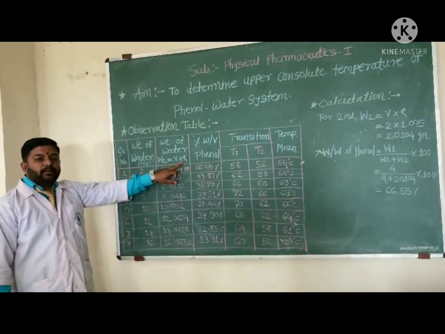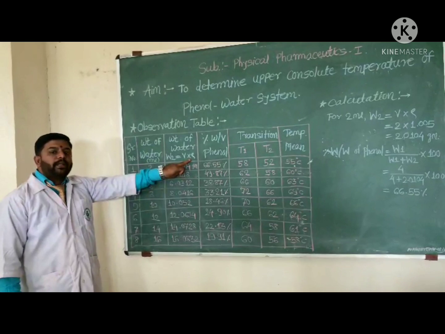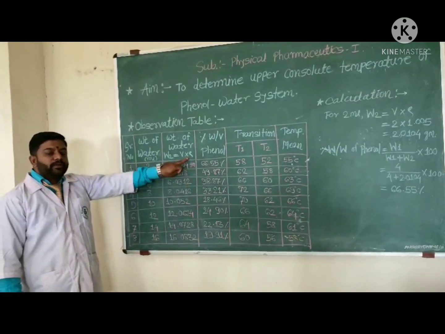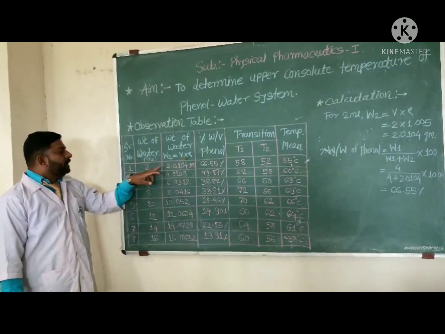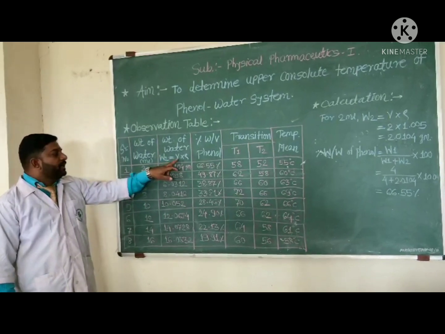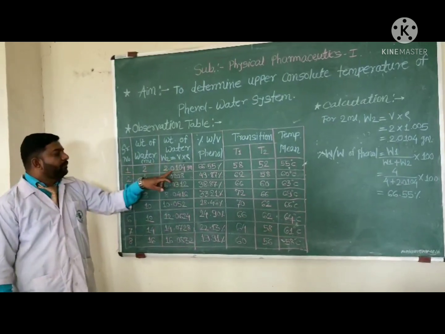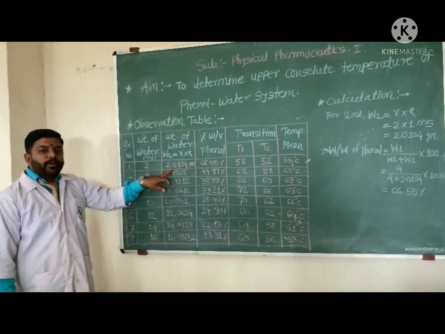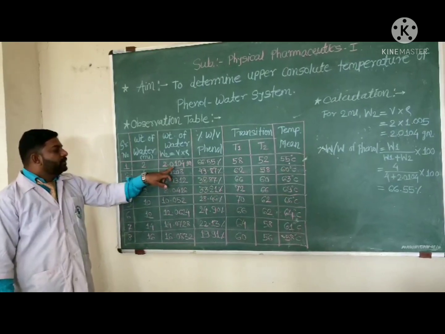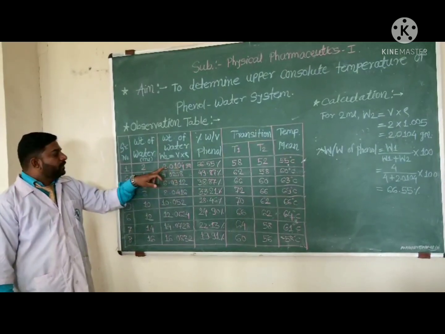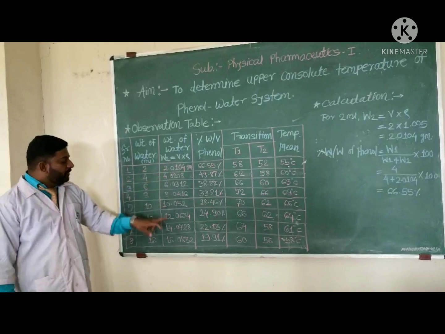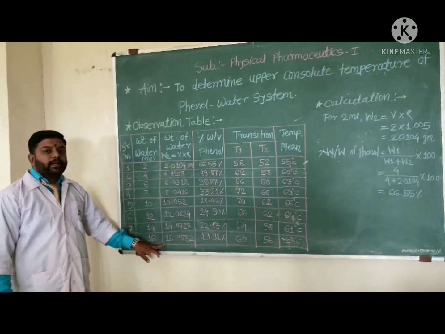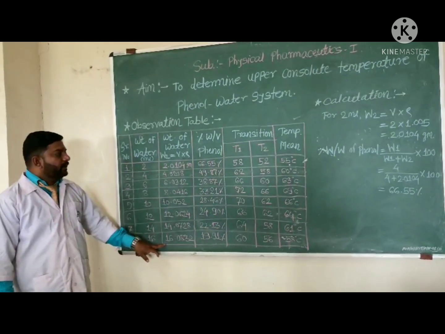Density of water is standard 1, but we have calculated the density of water, it is 1.002. Hence, we calculate W2 by multiplying volume of water 2 into density 1.002. We get 2.014. The same calculation we do up to the 16 ml of water added in the hard glass test tube.